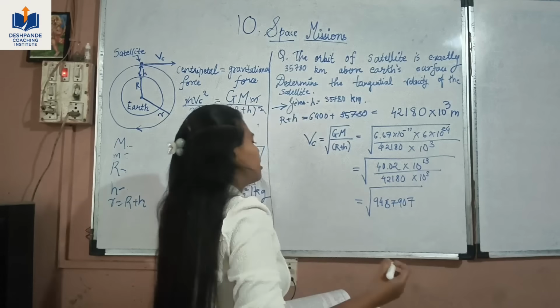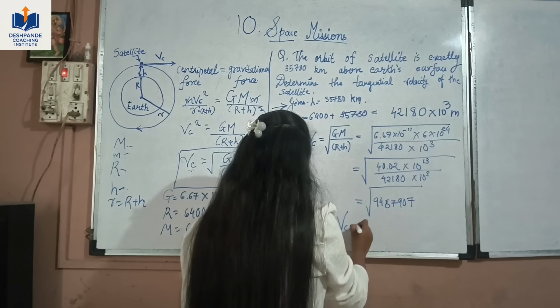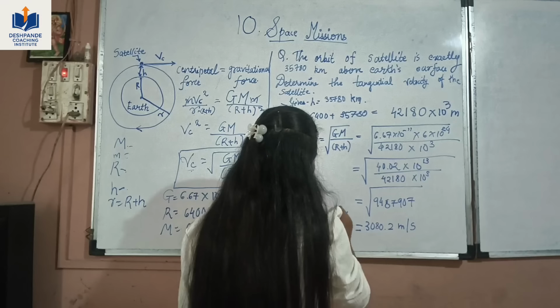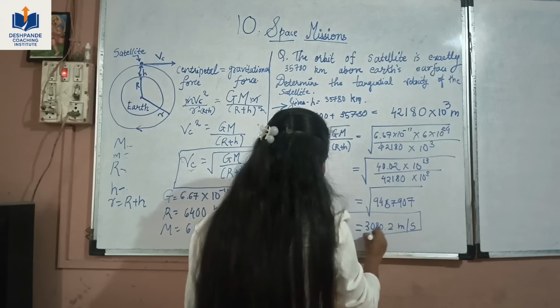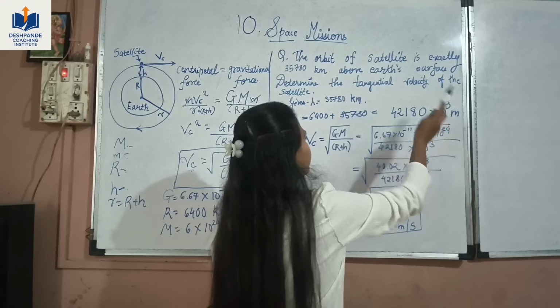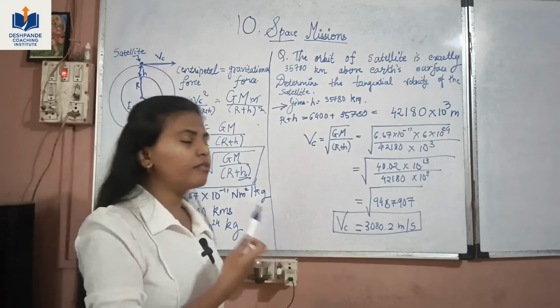By using the calculator you can find the square root of this value, and then the final answer for critical velocity is 3080.2 meters per second, because we have converted the distance into meters. So this is the final answer for the tangential velocity of the satellite.